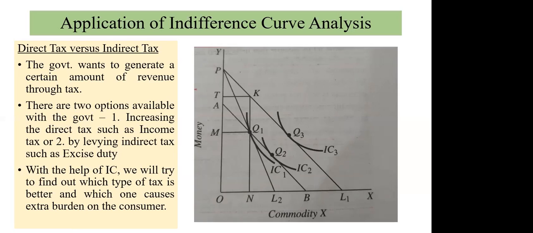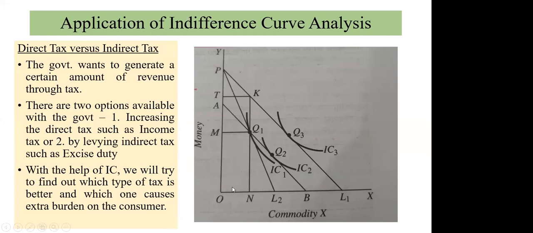Now, previously he was purchasing at point Q3, and now he is purchasing at point Q1. So he is purchasing ON amount of commodity X, and for that he is paying PM amount of money. Now if we join this NQ point to the PL line, we will get this K point.